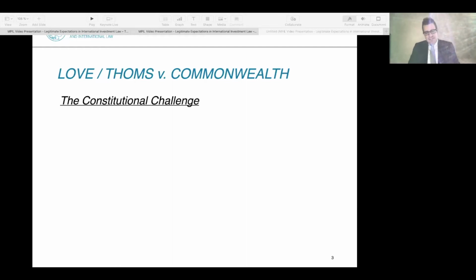They obviously spoke to their lawyers, and their lawyers thought about, well, let's talk about a constitutional challenge. Now, for many of you, a constitutional challenge will make intuitively good sense. I think particularly in Europe, whenever you want to challenge a government measure, you go to your constitutional rights.